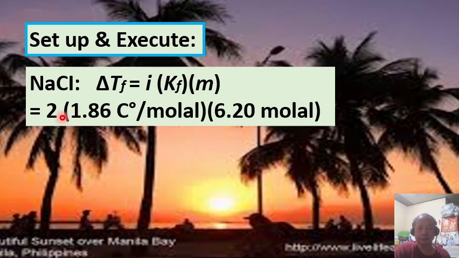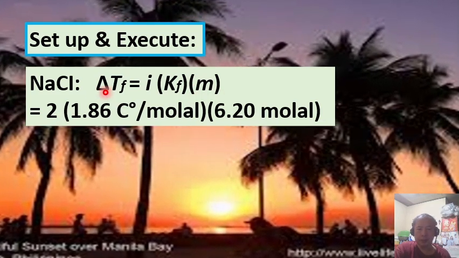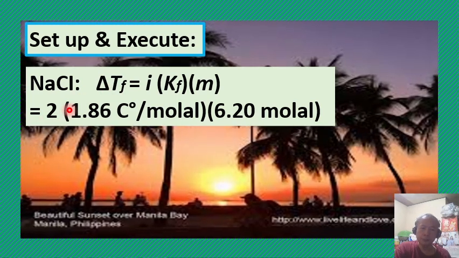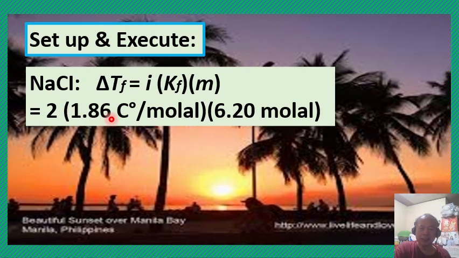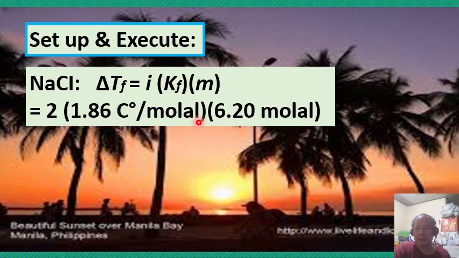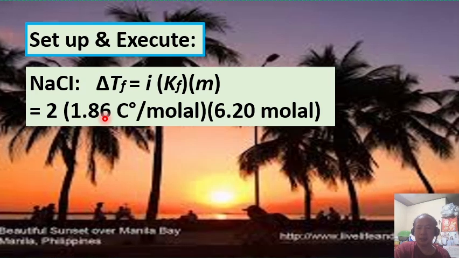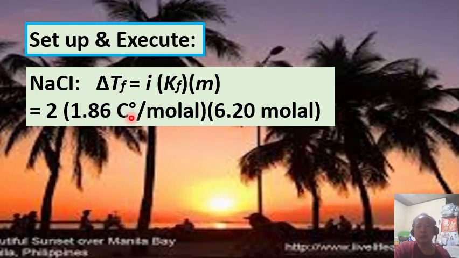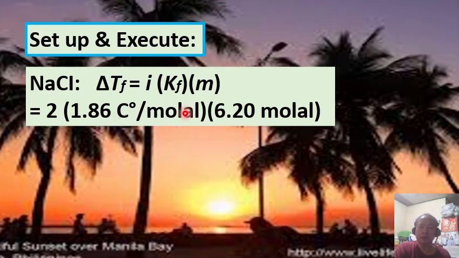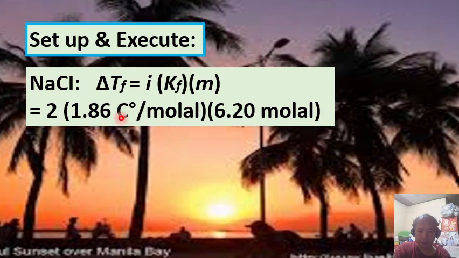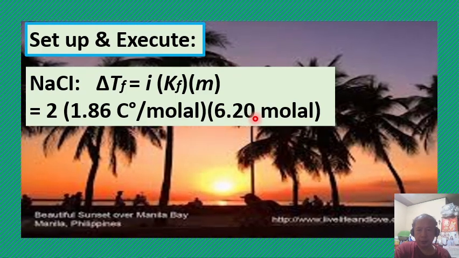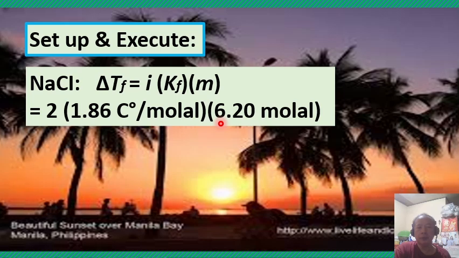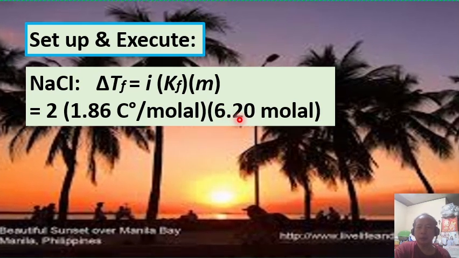That is, delta T sub F of sodium chloride equals 2 multiplied by 1.86 Celsius degree per mole. This is the freezing point depression constant for the solvent water. And of course, the computed molality of the sodium chloride solution, 6.20 moles.